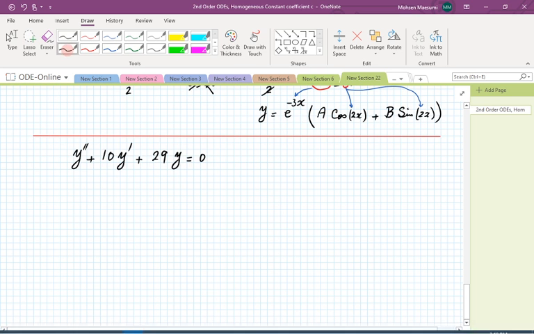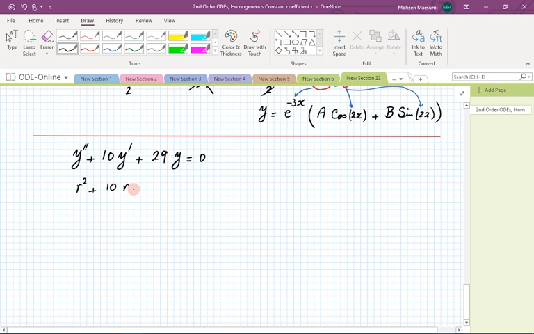So of course we have r squared plus 10r plus 29 equal to 0. Let me solve this by completion of squares, something that we need later on. So you can write this thing as r plus 5 squared, and you need to borrow 25 from this, and a 4 is left over. So r plus 5 squared becomes minus 4.